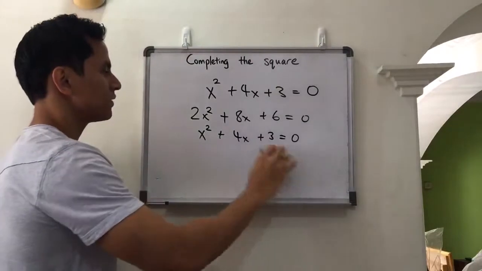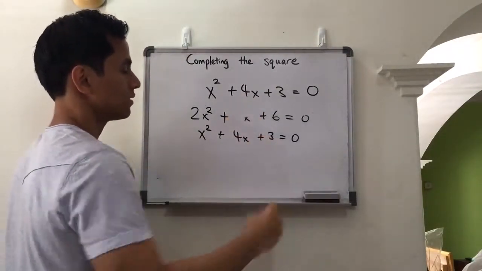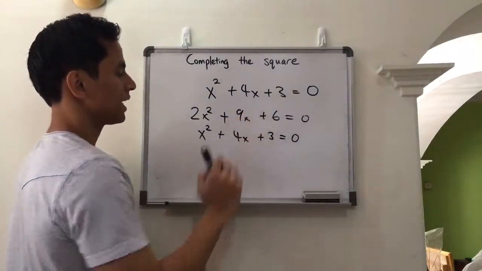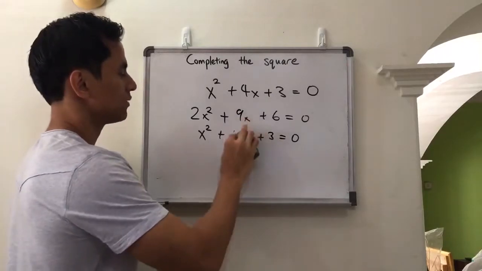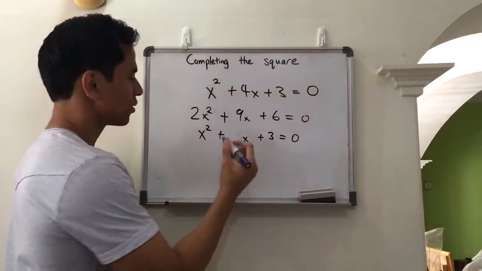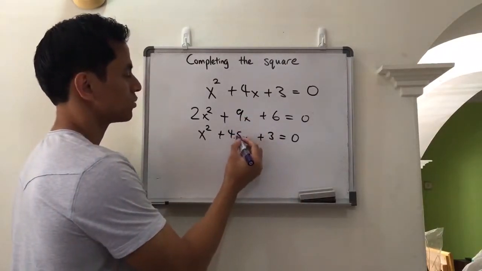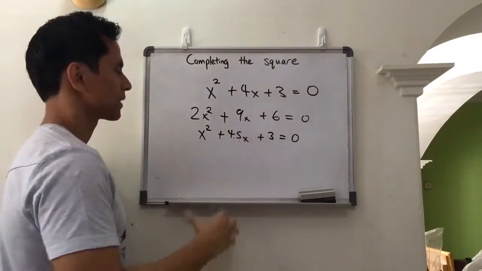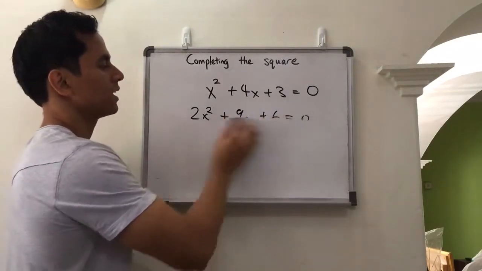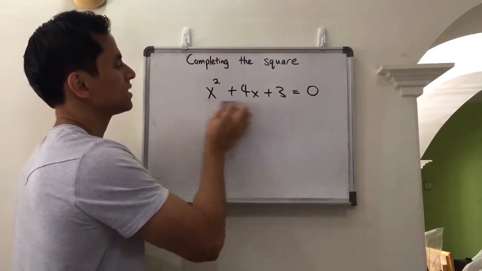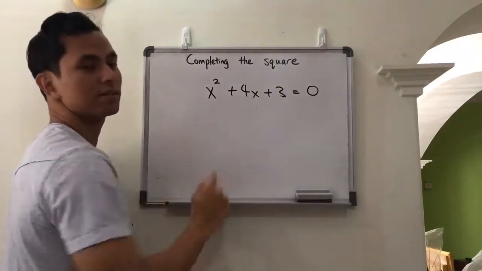Even if this was, let's say, a 9, it's okay. You still can do it. This will be a 9, but then this will just be a 4.5. Nothing wrong with that. The answer would just be slightly more complicated. That's fine. But let's see how we solve this basic example here.